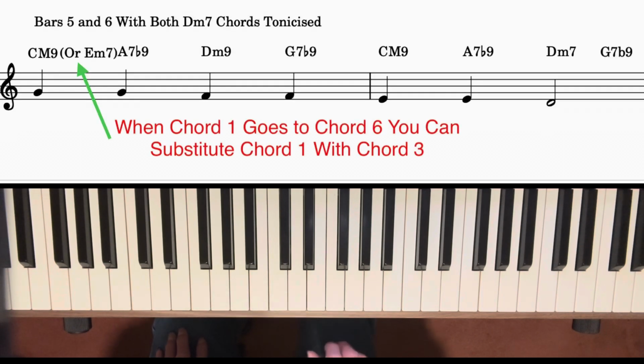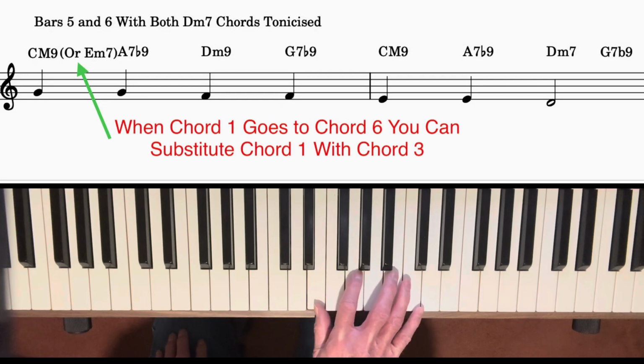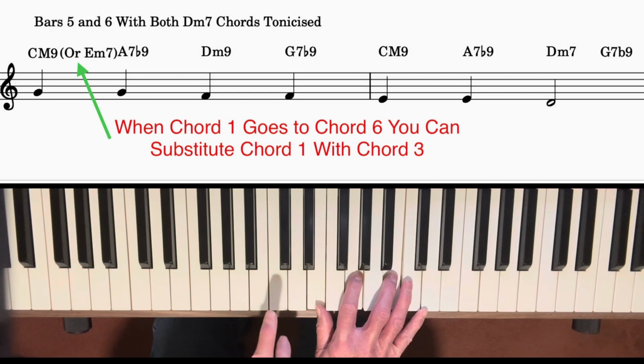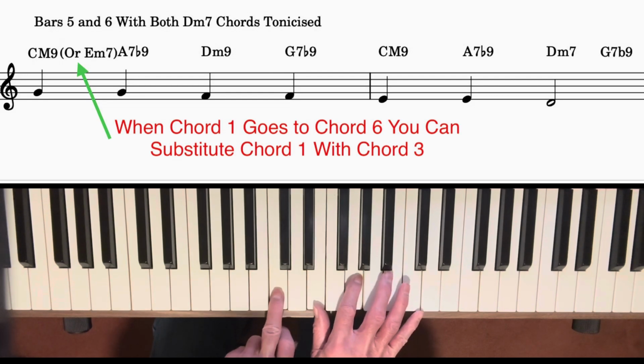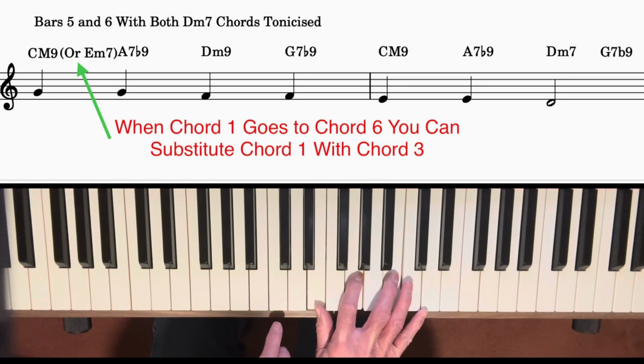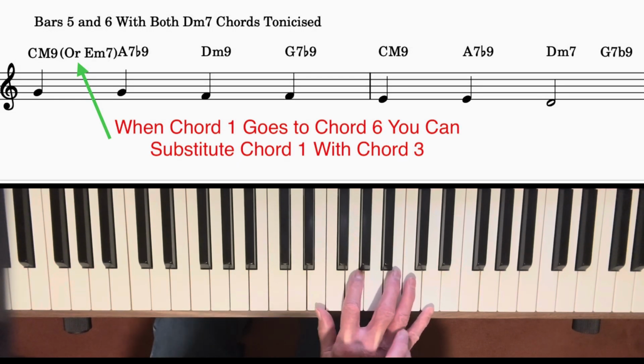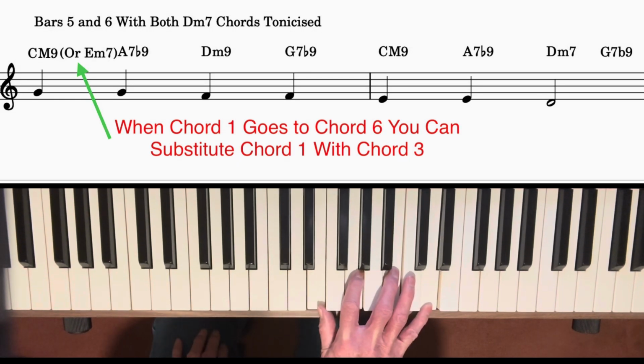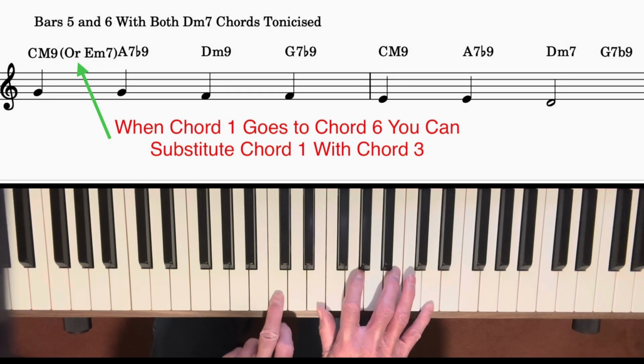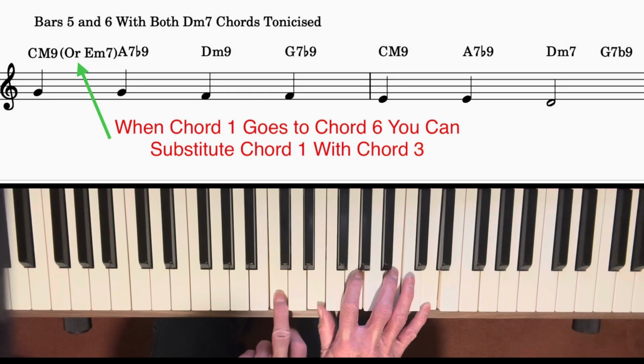Well, if you look at the notes of an E minor chord, it's like A minor in that it contains two notes that C major contains, the E and the G. Now, if you add a seventh onto E minor, make it E minor 7, and then put C below it, you've actually got a C major 9 chord.